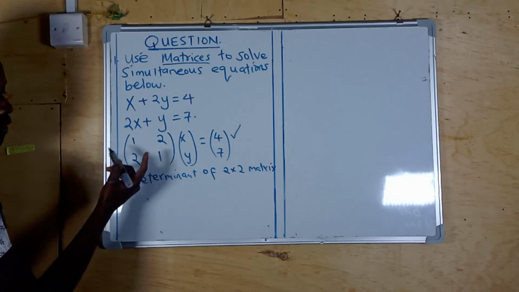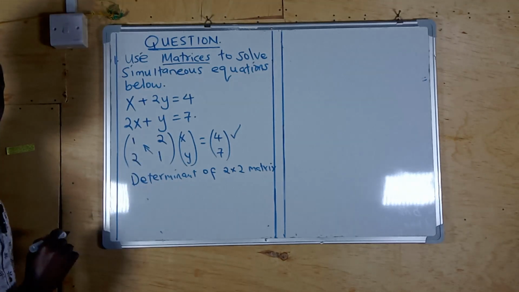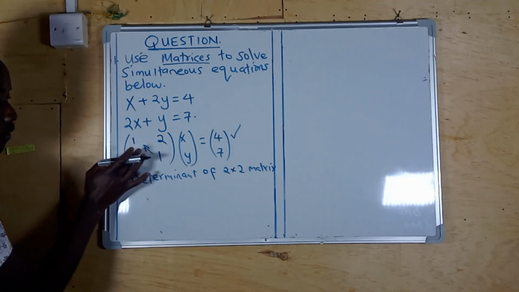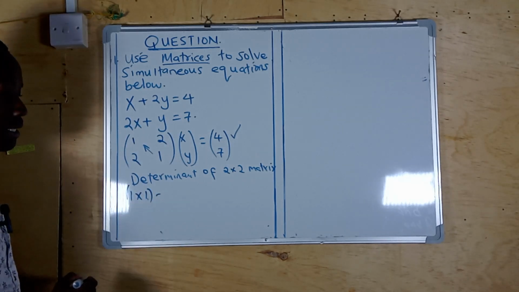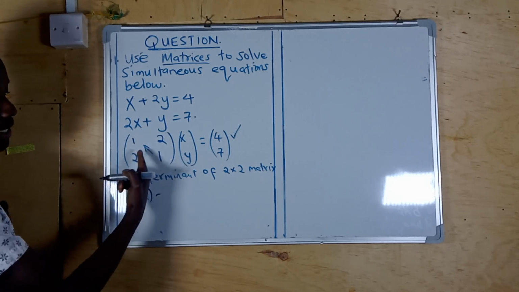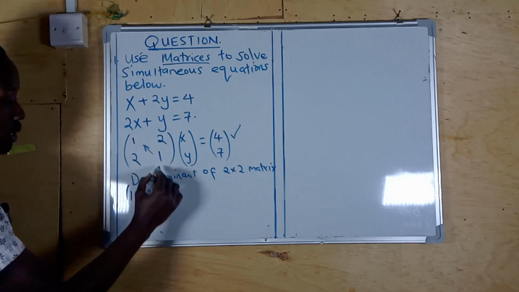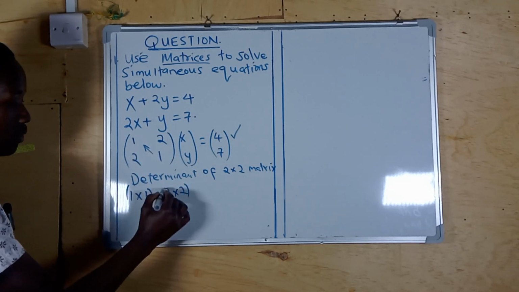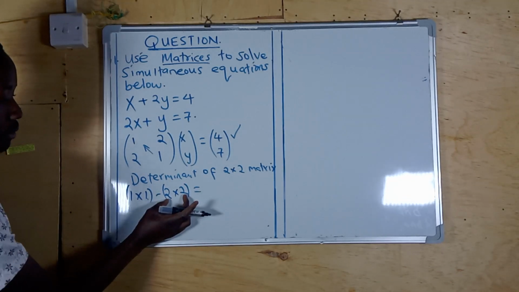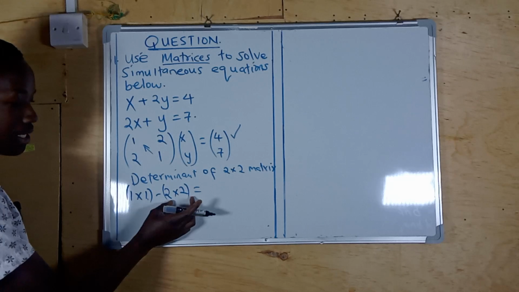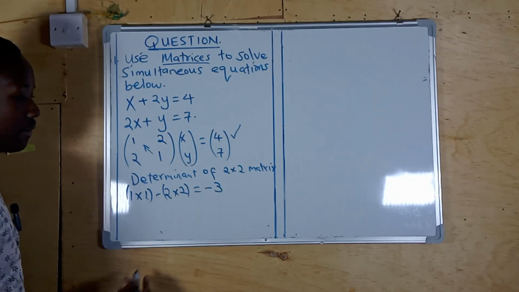It is the product of the leading diagonal, this is the one that starts, that is 1 times 1, minus the product of the second diagonal, that is 2 times 2. 1 times 1 is 1, and 2 times 2 is 4. So 1 minus 4 will give us negative 3.